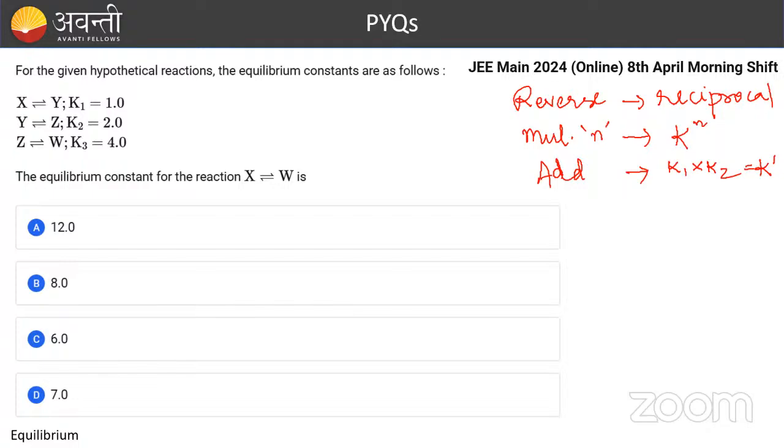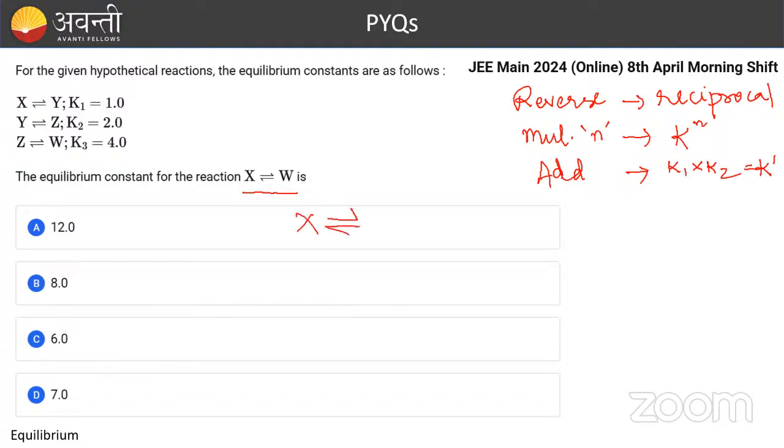Clear? These are the three properties you need to know to solve this question. Now look into the desired equation: X giving W. We have to get this equation from the given three equations. For that, we can add all three equations.